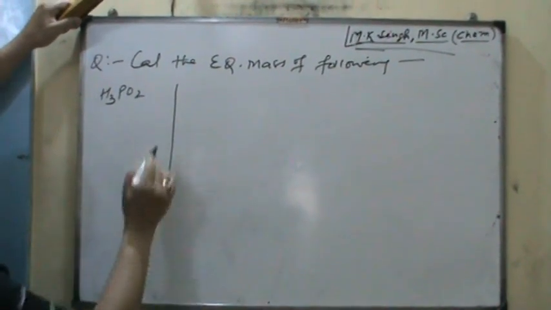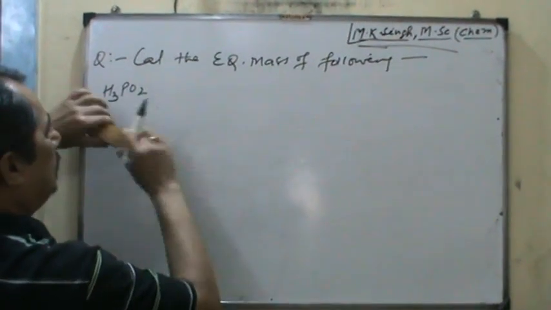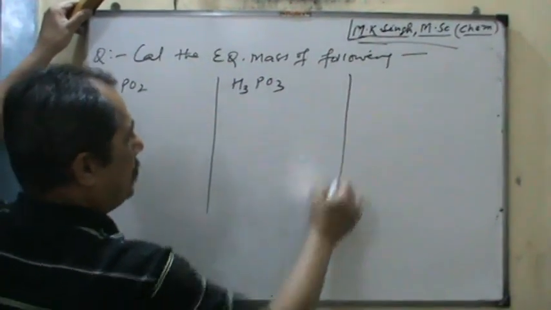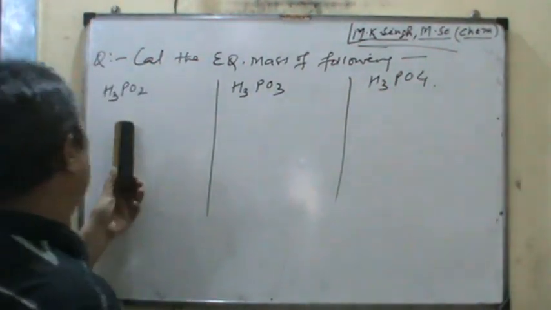H3PO2, second one is the H3PO3, and then H3PO4. What is this?